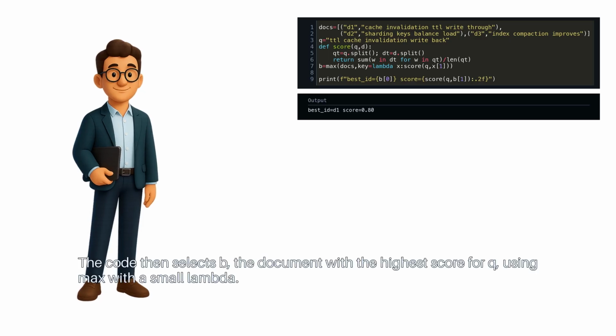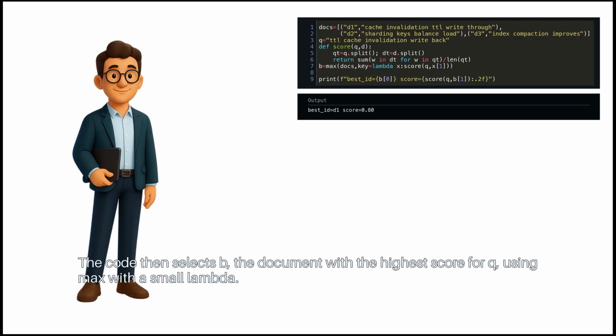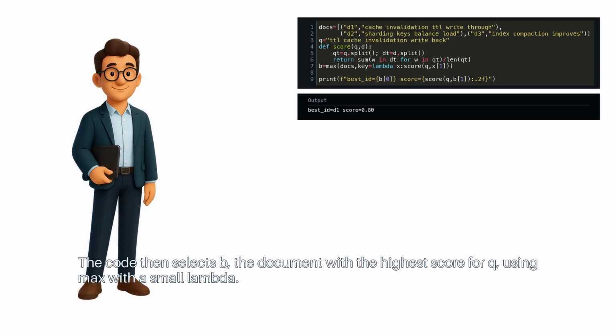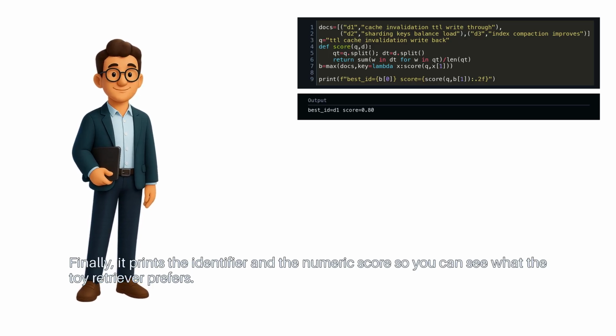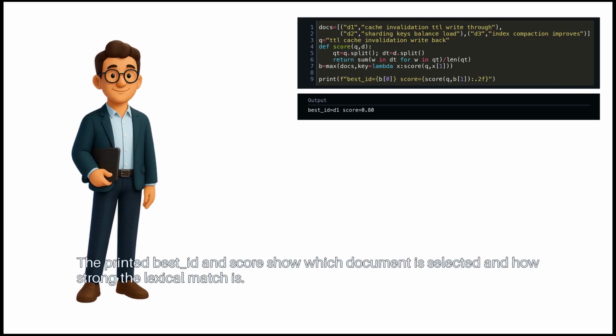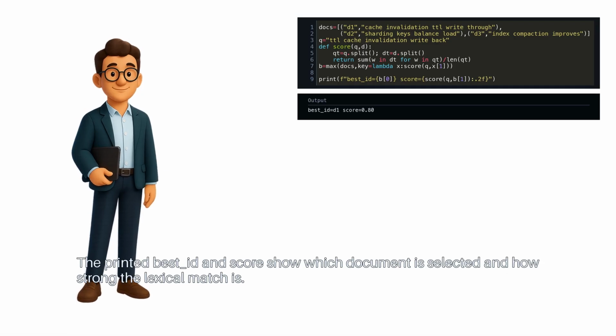The code then selects B, the document with the highest score for Q, using max with a small lambda. Finally, it prints the identifier and the numeric score so you can see what the toy retriever prefers. The printed best ID and score show which document is selected and how strong the lexical match is.